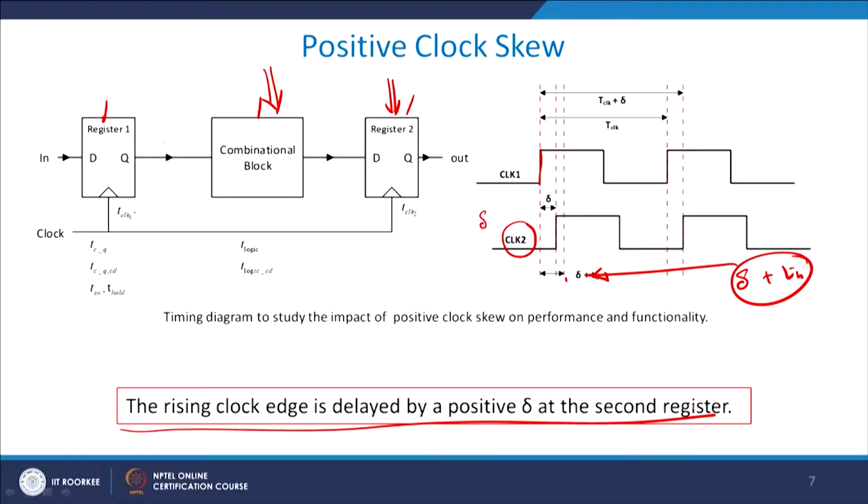So, the rising edge is delayed by a positive delta at the second register. You got the point? Why? Because if you see carefully, by the time this reaches the second register, clock 1 might have actually gone behind as compared to clock 2, or maybe ahead also, and therefore you can get a rising edge delay in terms of delta in the second register.